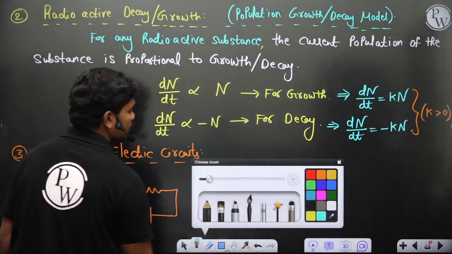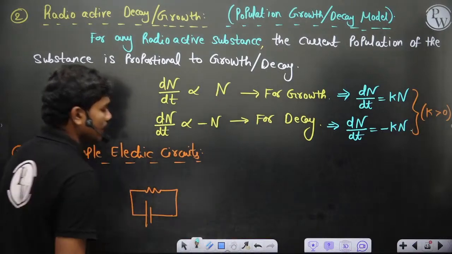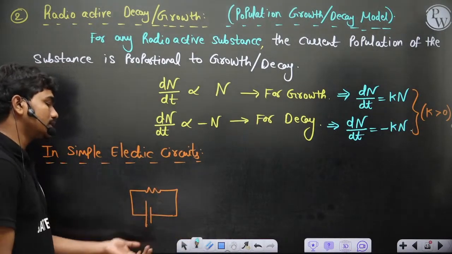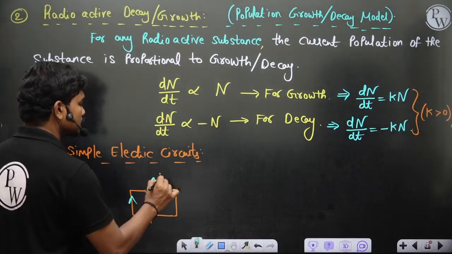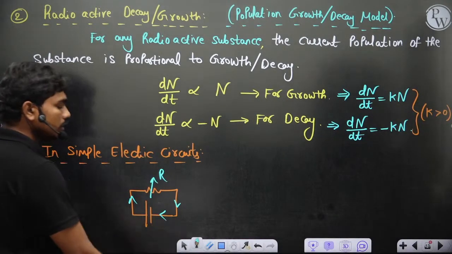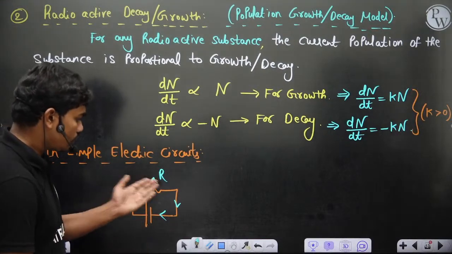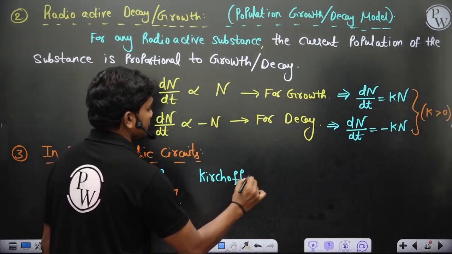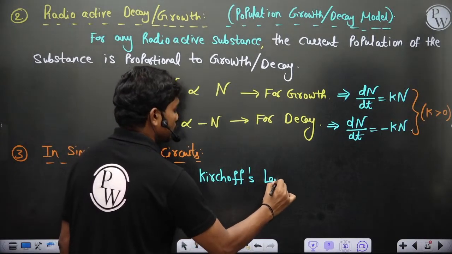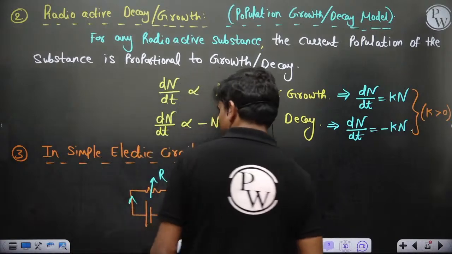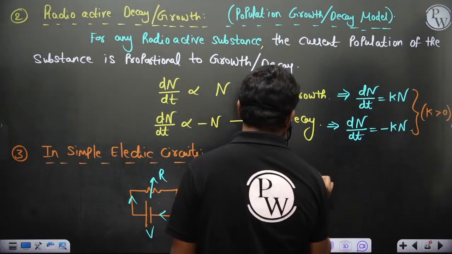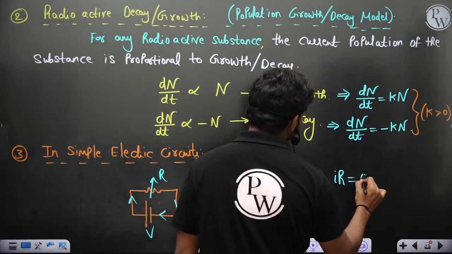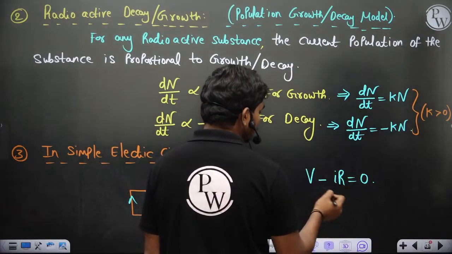You may have a capacitor, an inductor, all these things. So in this case, let's say there is this resistance R. Then when you go along the circuit and apply Kirchhoff's law, it tells you if this potential is V, then V minus the potential drop across this, I into R, is equal to 0, and this V can be a function of time.